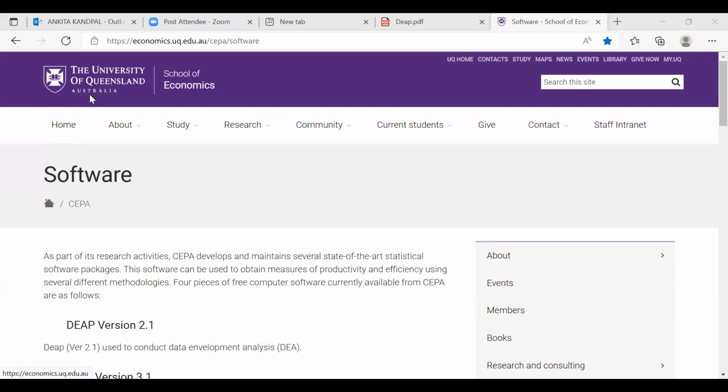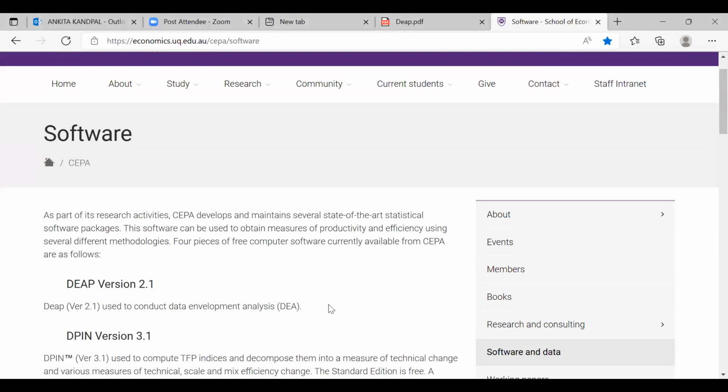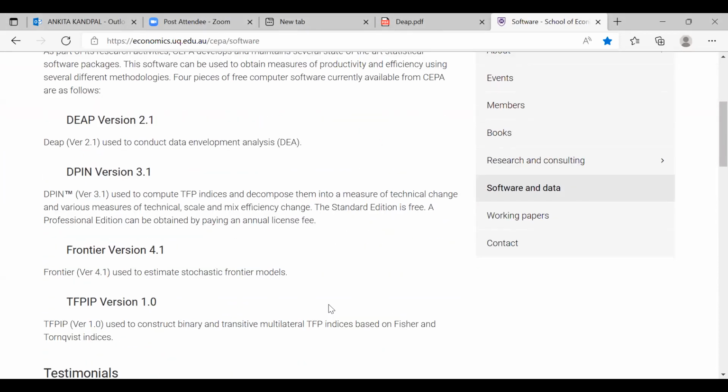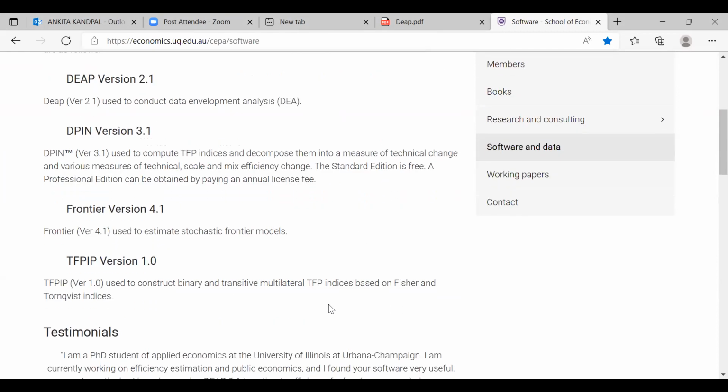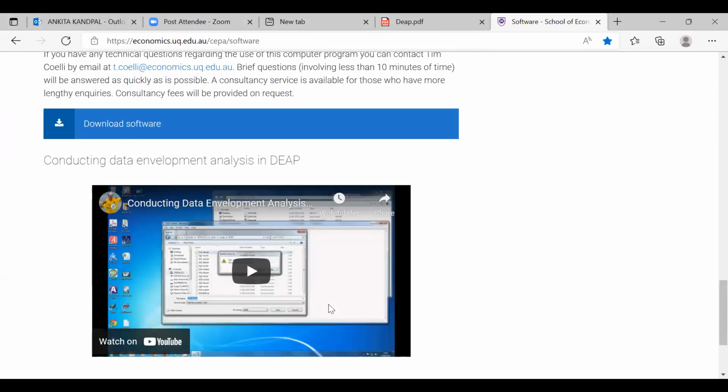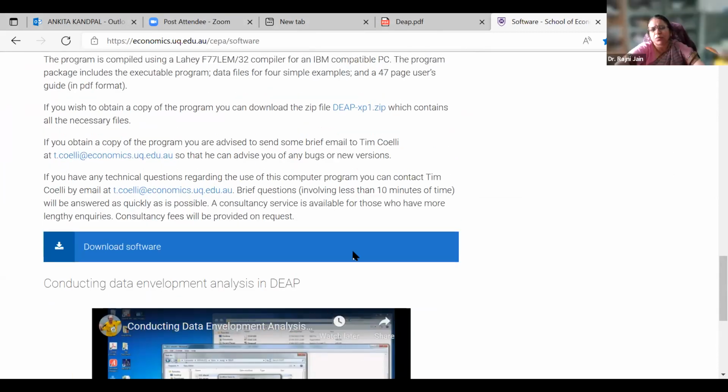Ma'am, it is available on the website of the University of Queensland. All the software related to technical efficiency, like DEAP, DPIN, Frontier, and TFP, are all there. So I hope, Sugunta, your question is answered.